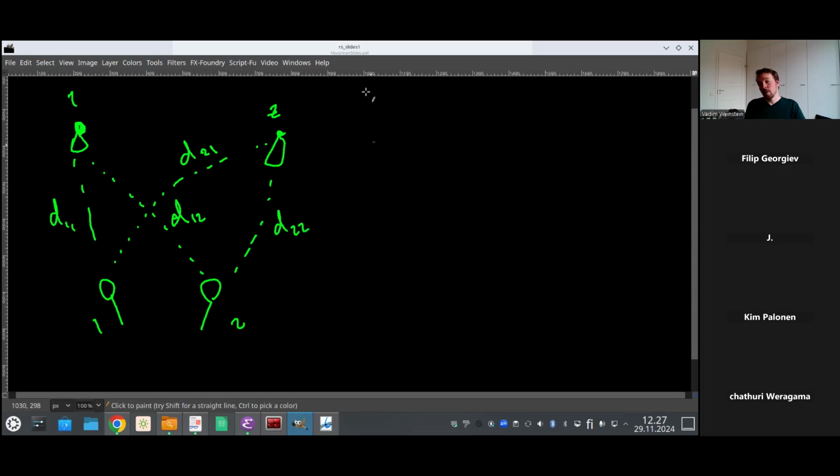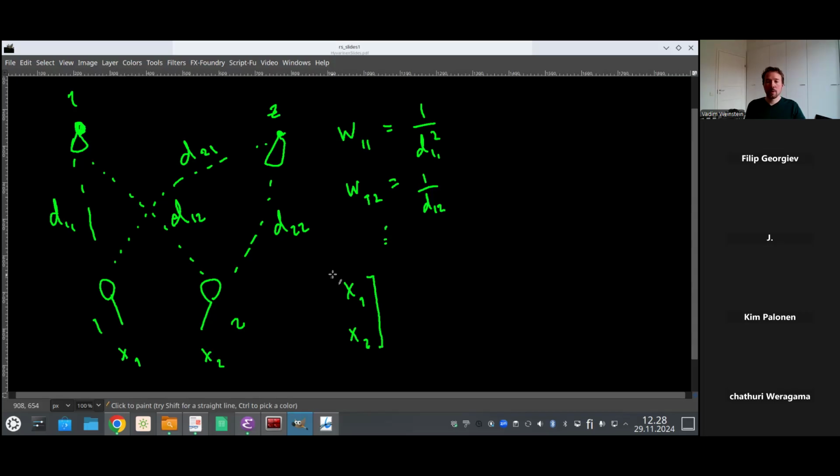Now sound decays as a square of the distance. So the weights we will be having are given like that for all of them. And what we measure here are x1 and x2. So we get a vector, which we will be treating as a random variable.